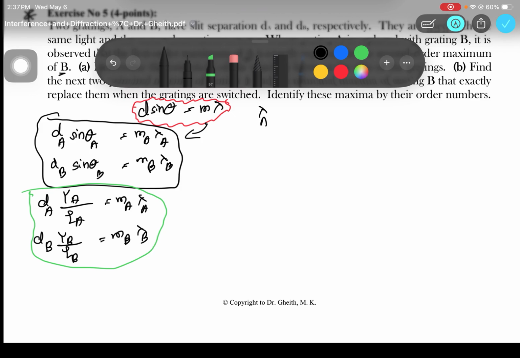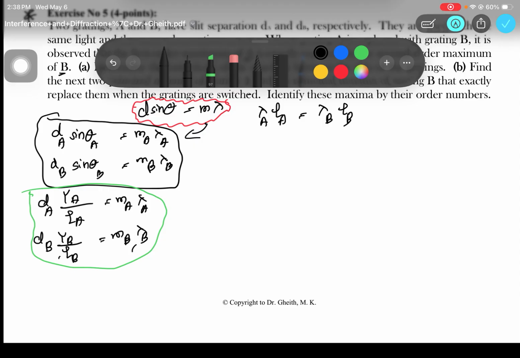Then we just move on to lambda_A, L_A. We just want lambda and L together. So lambda_B L_B.